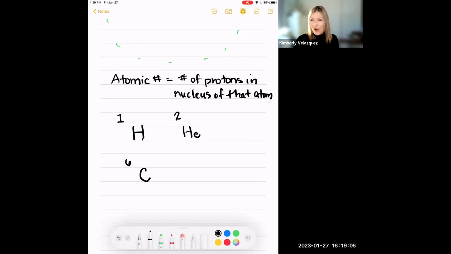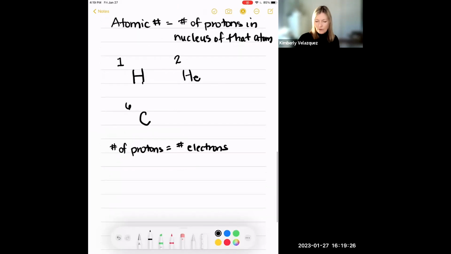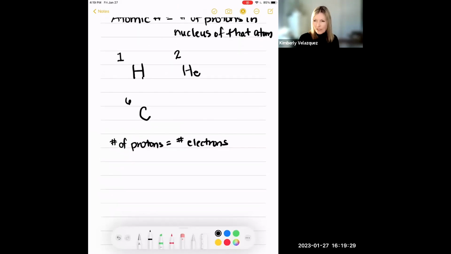That atomic number also represents the number of electrons, because for every neutral atom on that periodic table, the number of protons equals the number of electrons. That means for every element on the periodic table in its neutral state, that atomic number equals the number of protons.